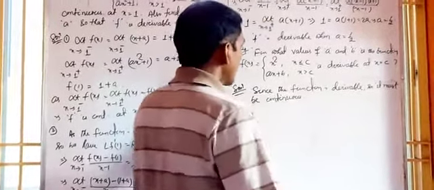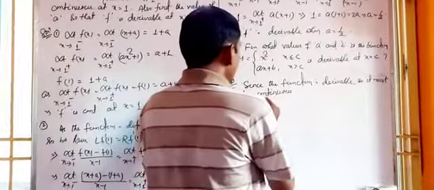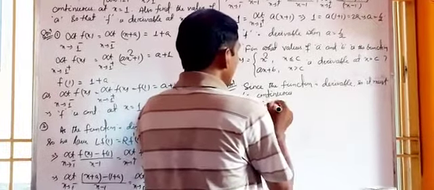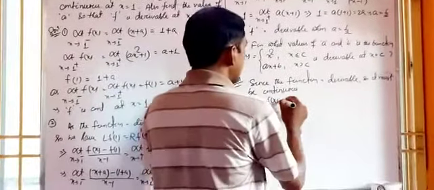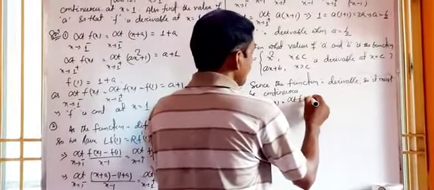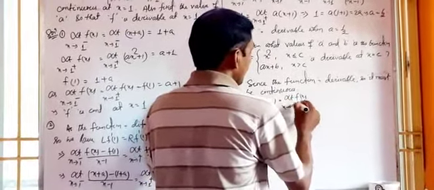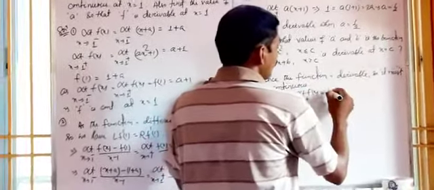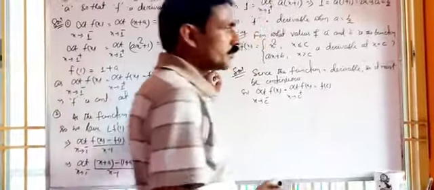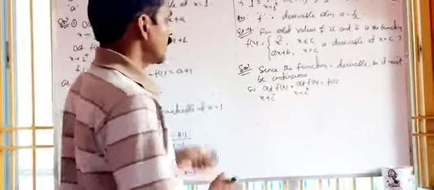So if it is continuous, then we have limit of f of x as x tends to c minus equal to right hand limit equal to f of c. This is our definition of continuity.